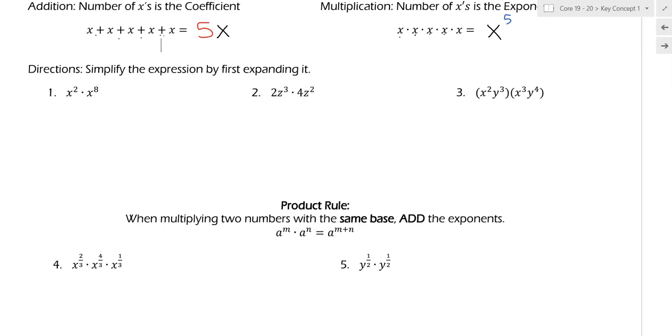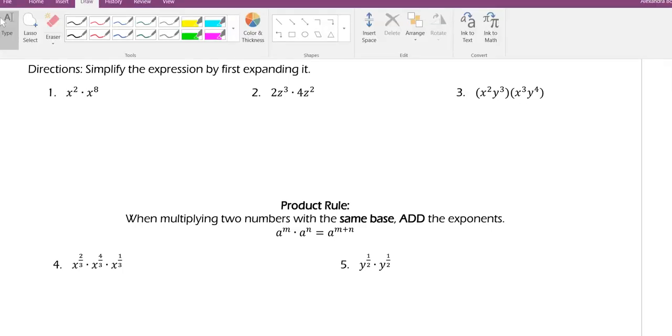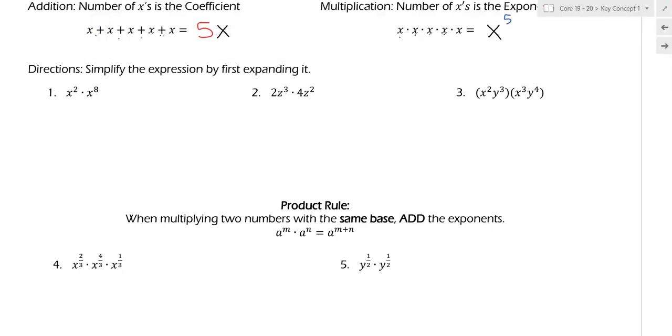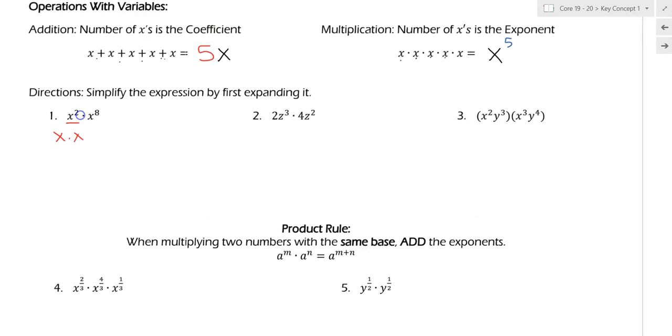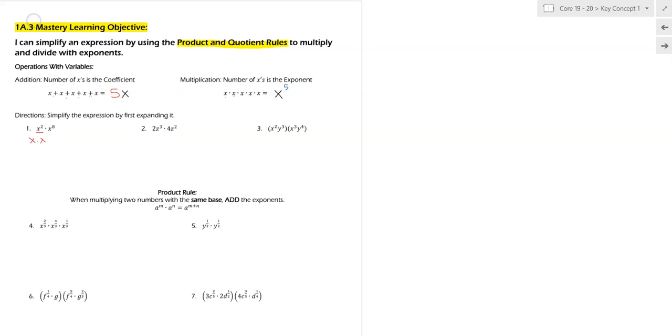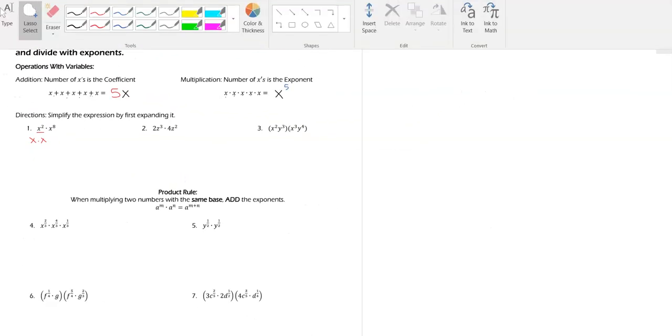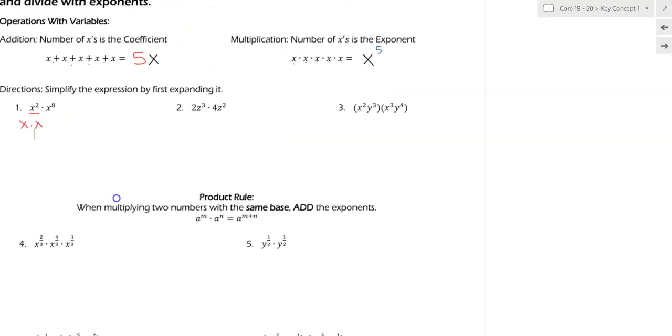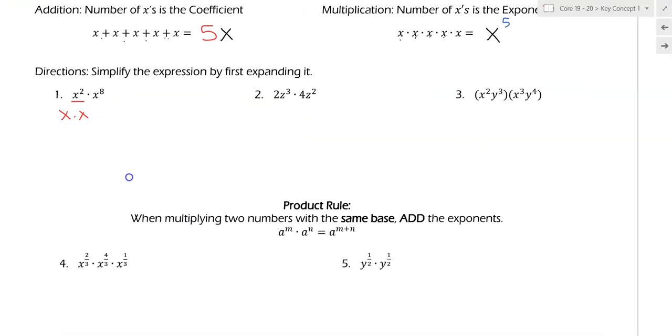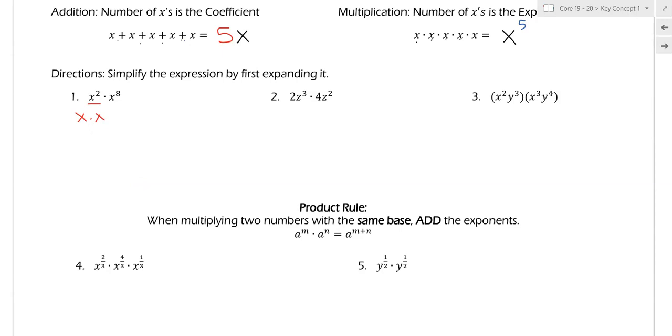So if you look at this first example, it says simplify the expression by first expanding it. So we have x squared times x to the 8th. So x squared means x times x. And then x to the 8th means 8 x's.